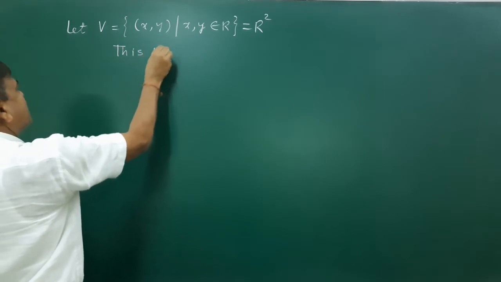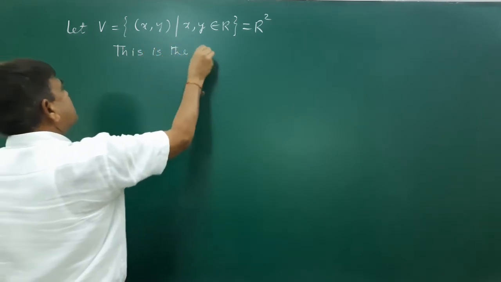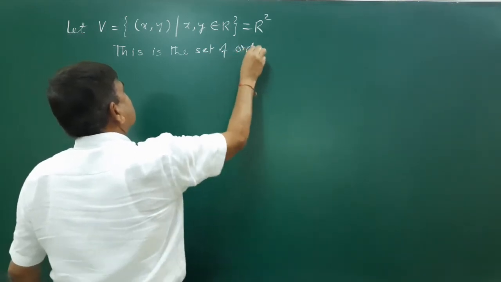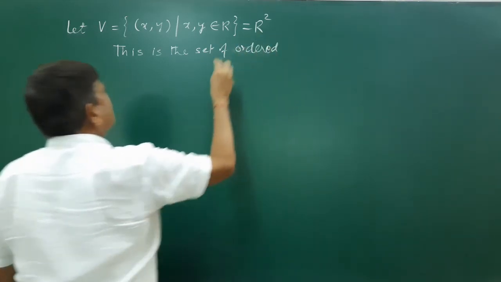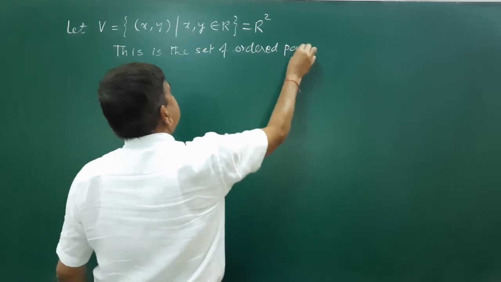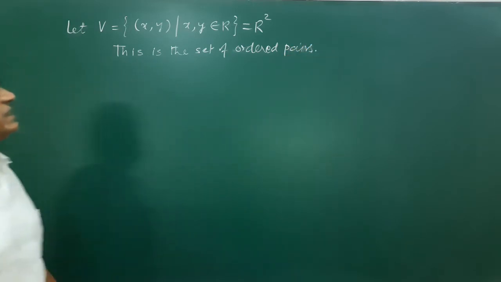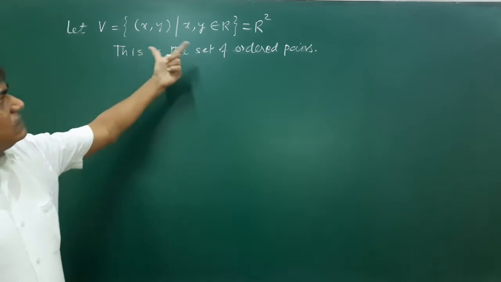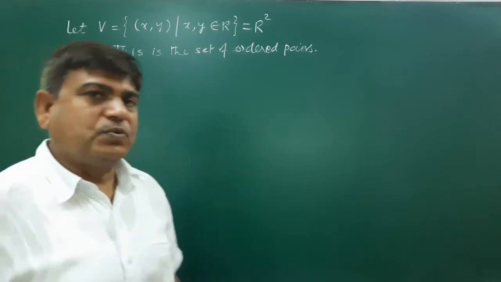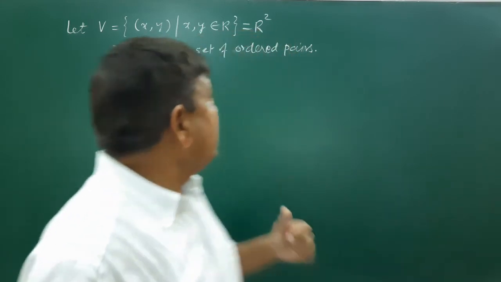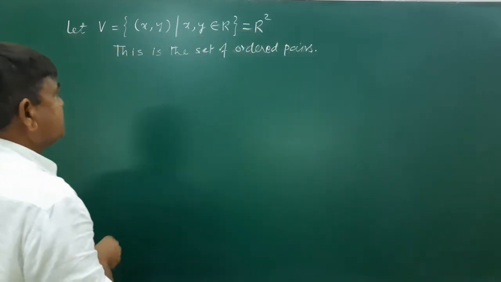This is the set of ordered pairs. This is R square, as usual, that is R cross R, and we know that this is a vector space.